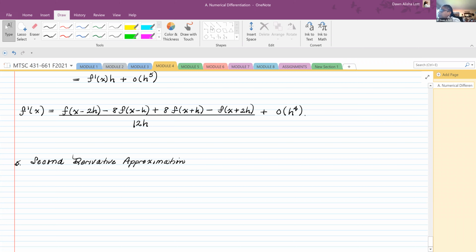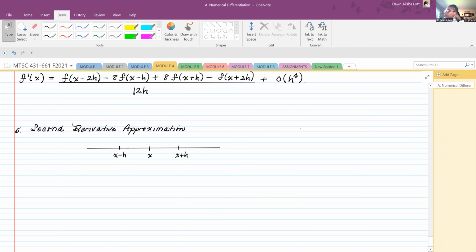This time we're going to use the points, and this is also central difference. Now note, if you do X plus H and X plus 2H, that'll give you a second order approximation, but it's going to be a forward difference. Okay, so this one's going to be central.